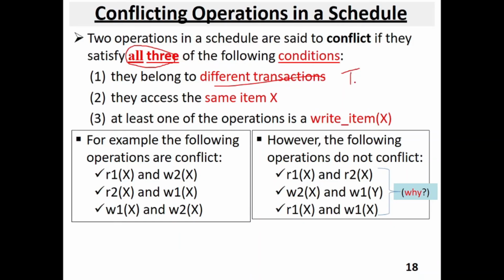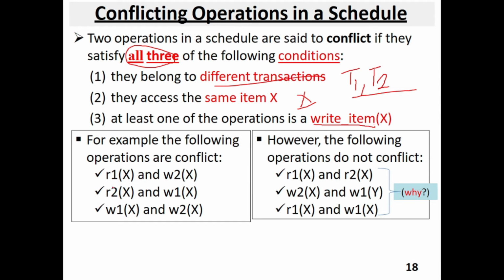The second one is that the same item X should be accessed. And the third is that at least one of the operations should be write item X. If these 3 conditions are satisfied, your schedule is in conflict. Otherwise, if one of these 3 conditions is missed, your schedule is not in conflict.